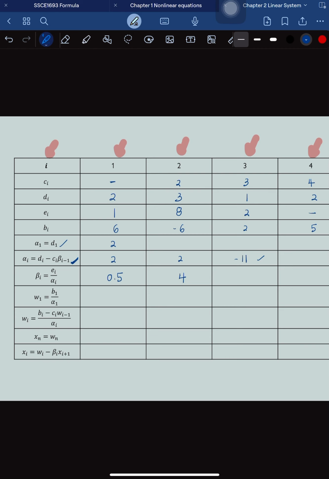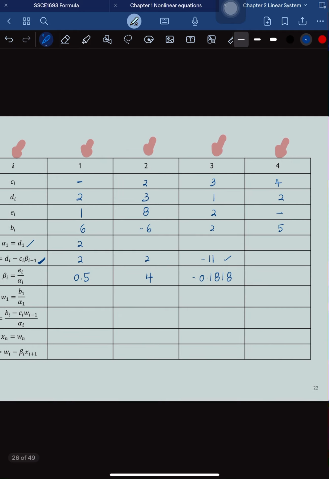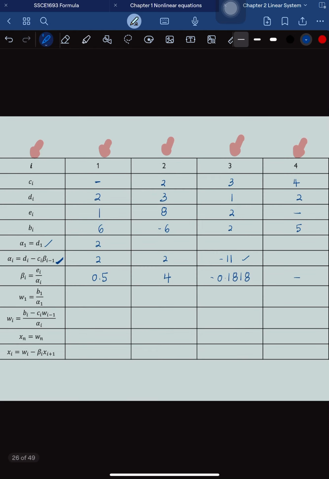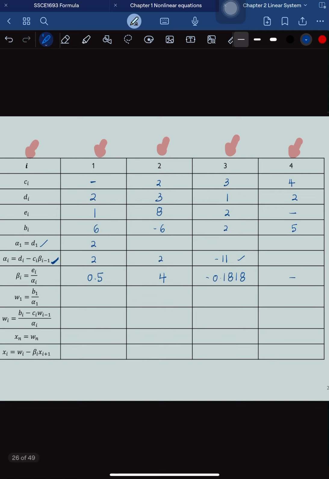Beta is E divided by alpha, so negative 0.1818. Then D minus the 4 times negative 0.1818 gives 2.7272, but we don't have the value of beta here.